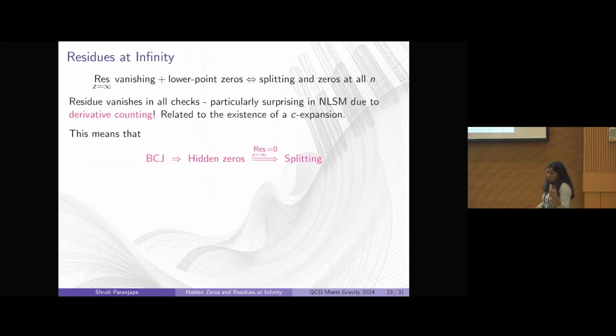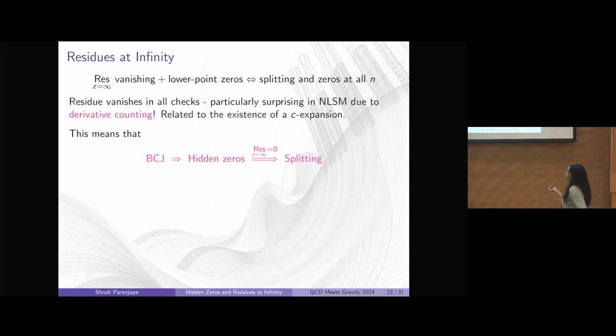So what this means is that if I assume lower point zeros and that the residue at infinity vanishes, or good large Z behavior, that is the same as saying I am going to split near zeros. So the logical flow here is that BCJ tells you hidden zeros exist, and then hidden zeros tell you that splitting must exist, as long as the residue at infinity vanishes.